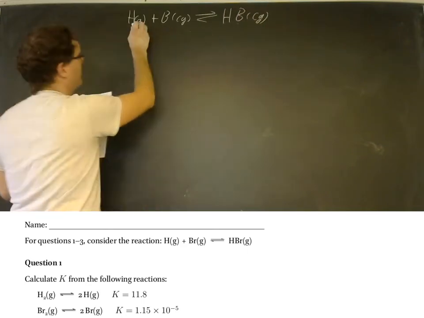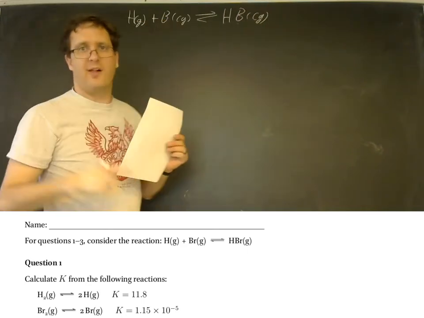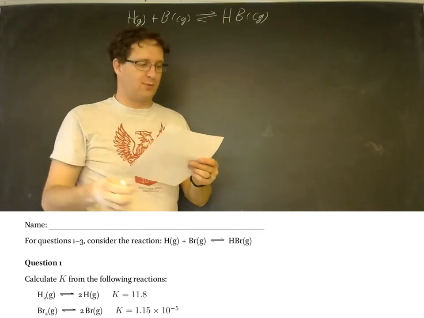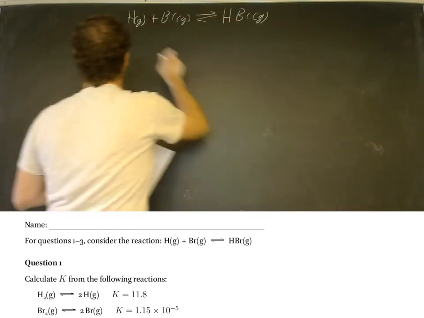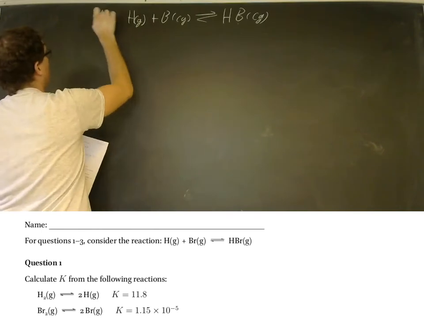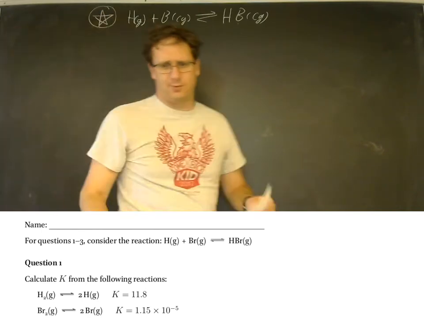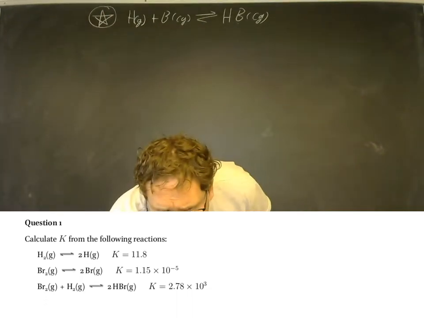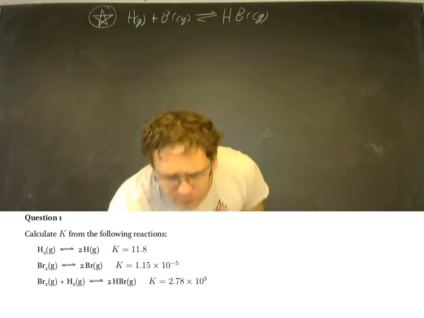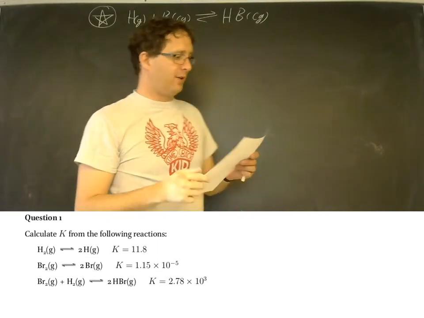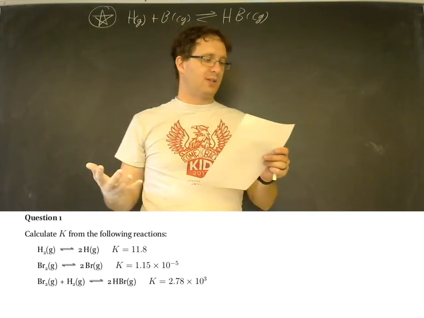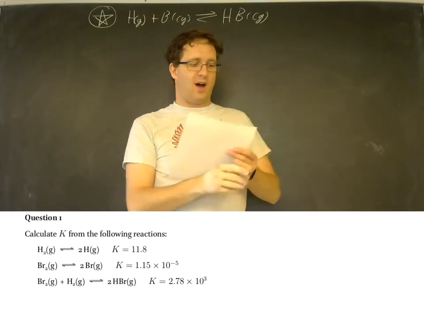These are individual atoms, not elemental hydrogen and bromine. I'm going to call this reaction star, the one we're interested in. Question 1 says, can we calculate the value K, the equilibrium constant, from all of these other reactions?